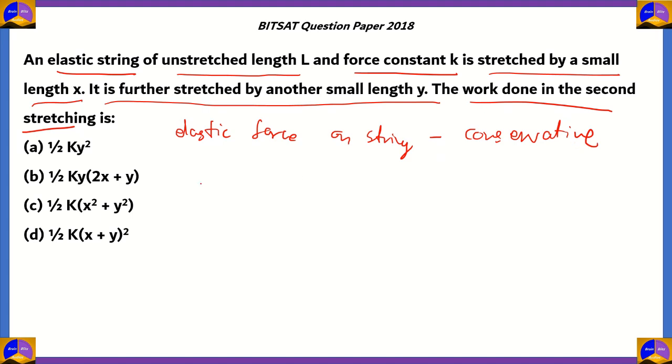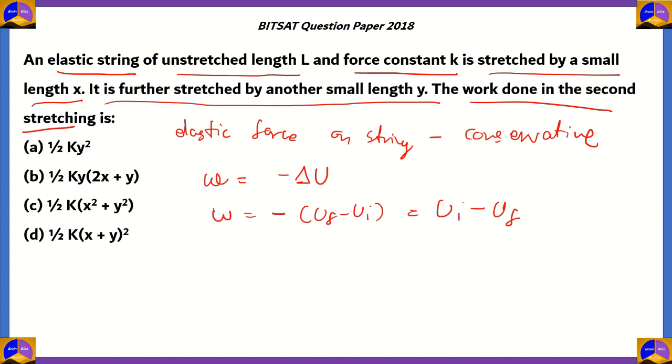So since this is a conservative force, the work done is equal to the negative of the change in potential energy, so that is minus of U final minus U initial, which is equal to U initial minus U final. So the work done here is equal to the change in potential energy. This is the work energy theorem. So using the work energy theorem, we got the work done as equal to the initial potential energy minus the final potential energy.